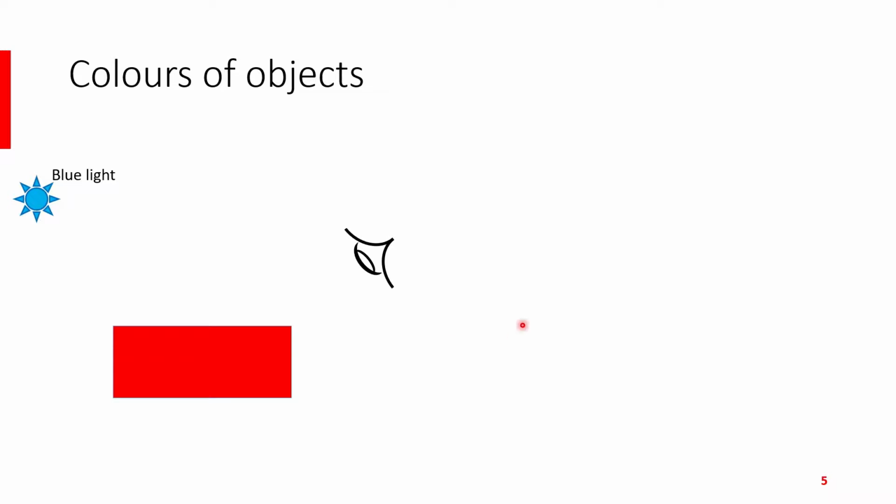Blue light hits there, and what should come out? By definition, when I say it's a red object, it reflects only red and all the other colors get absorbed. So the blue color got absorbed here, and nothing comes out. When nothing comes out, we call it black.